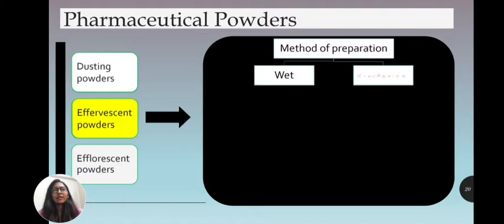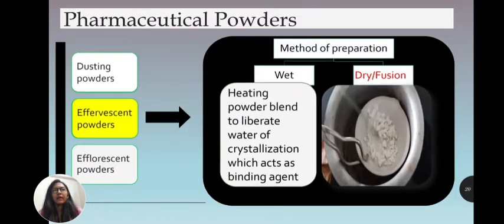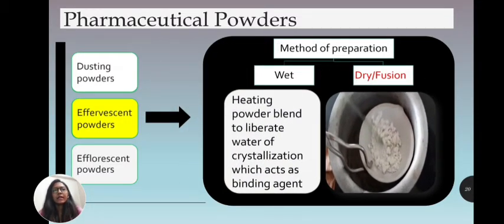In the dry or fusion method, the powder blend is heated to liberate the water of crystallization, which acts as a binding agent. The mixing of the powder is performed as rapidly as practical, preferably in an environment of low humidity, to avoid absorption of moisture and premature chemical reactions. The next topic will be covered by my other team member.